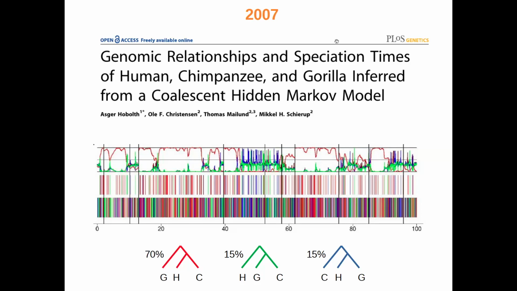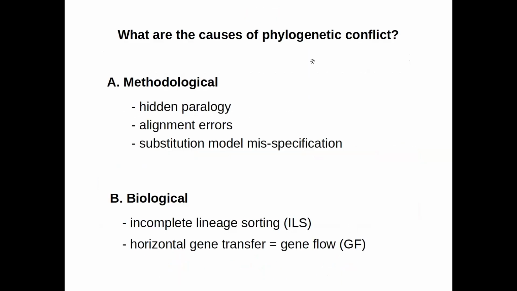And this, I think, is when many of us, including I, started to seriously consider the other potential causes of conflict, which are the biological ones. So it could be that gene trees genuinely differ from the species tree for biological reasons, and we know of two processes susceptible to explain such discrepancies.